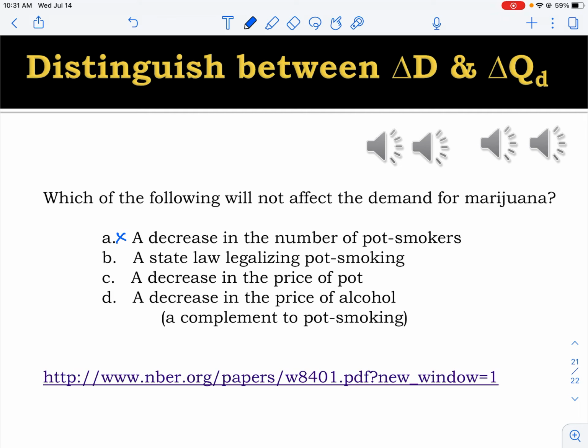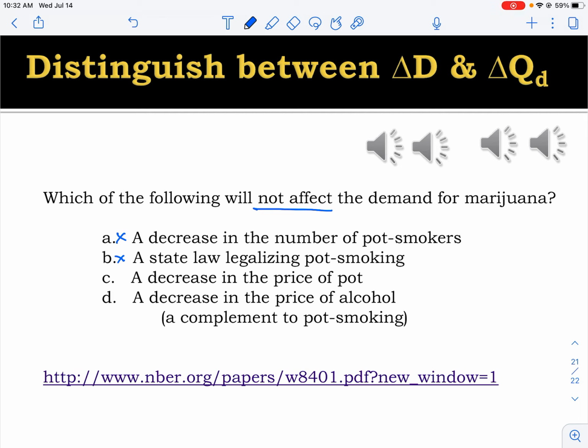But the bottom line is, if you make it legal, you'd expect more people would be interested or willing to do it, or that some of the people who do smoke would do it more because there's less risk involved. So you'd expect that if you legalize pot, the demand for pot would probably increase. The question says which of the following will not affect, so that can't be the right answer.